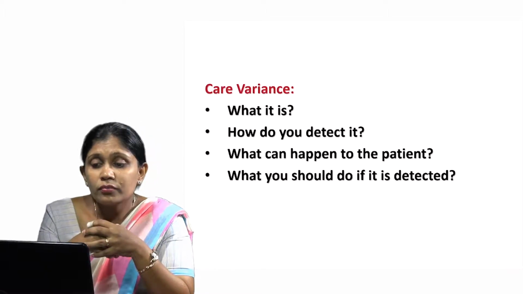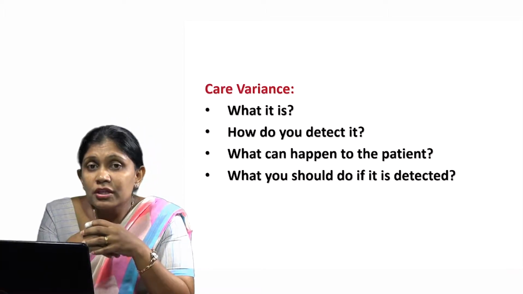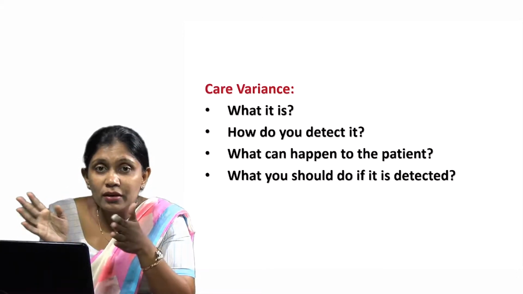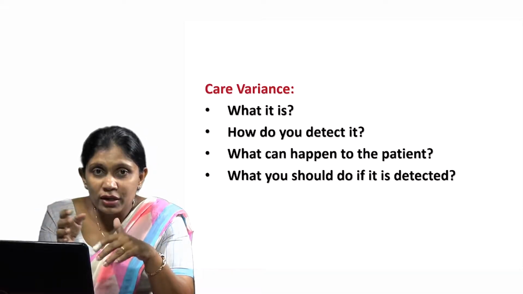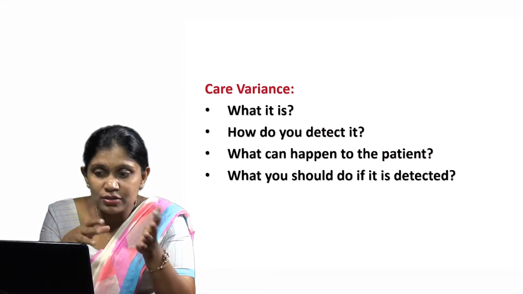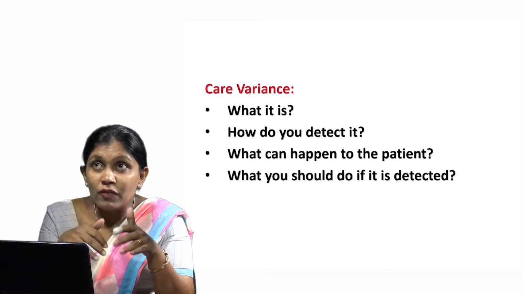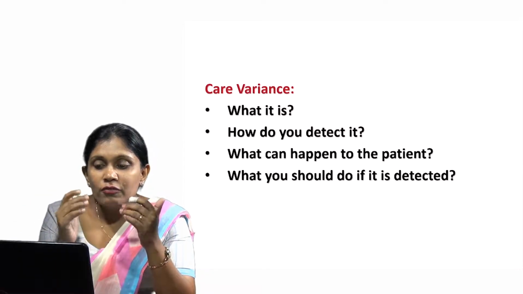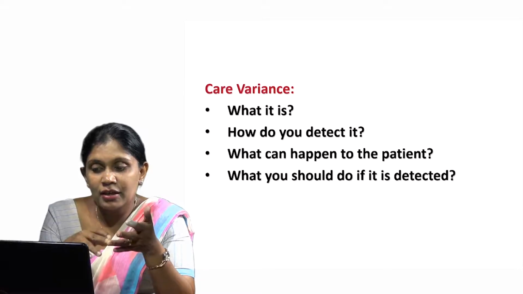Next, again we have to see what a care variance is. While giving care, there can be a deterioration or an area not achieved, or some kind of unexpected achievement or event can happen. So, we have to see what it is.